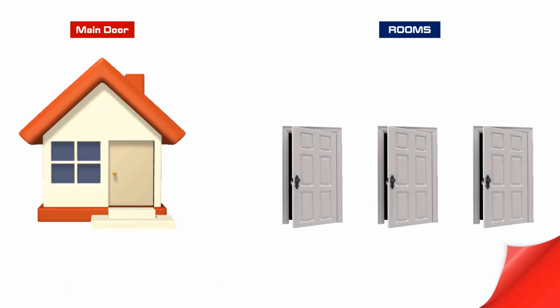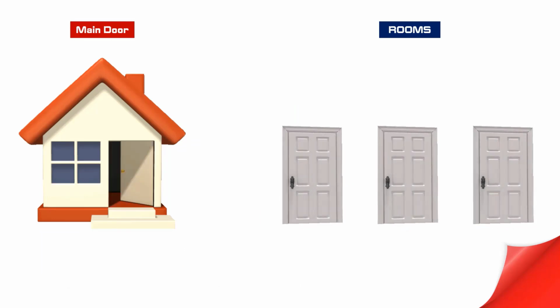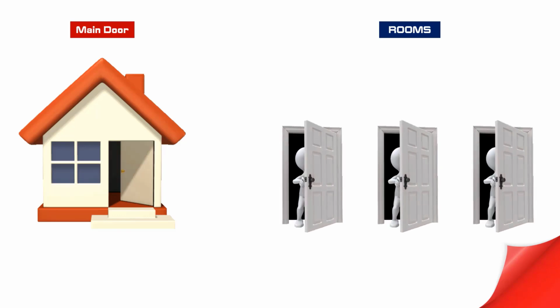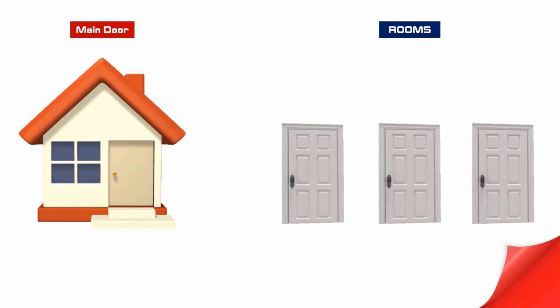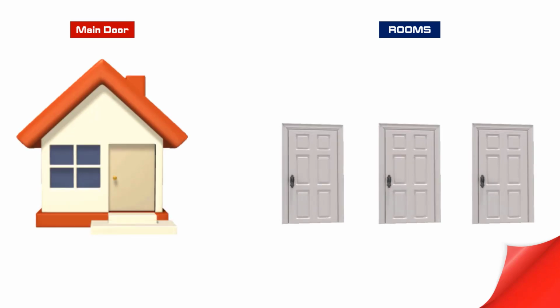The first thing you do is opening the main door of the house. You then open each room and close it. And the last thing is closing the main door. This is exactly the structure of the XML tags needed to store the data.